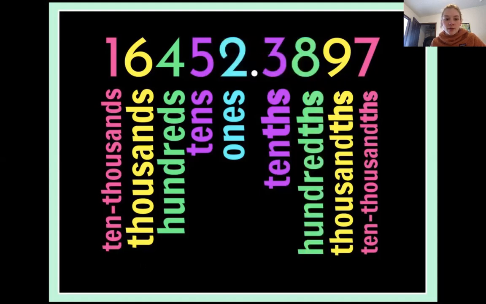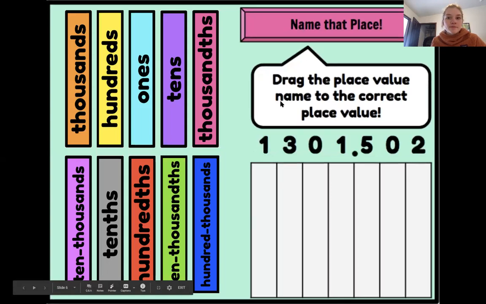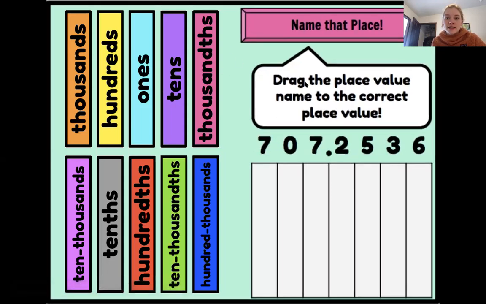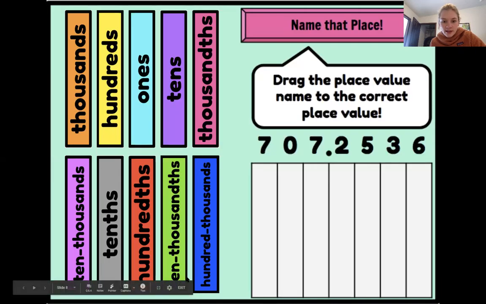All right, I think we're ready to do some practice here. Let's do some practice. Now, we can name this place. I like to start at the ones. That is the neutral place. Sorry, I'm really struggling.